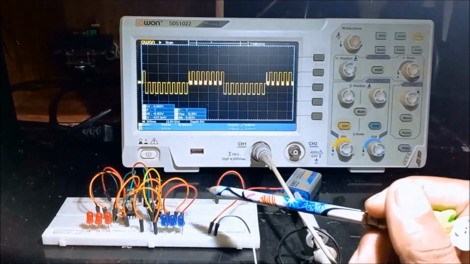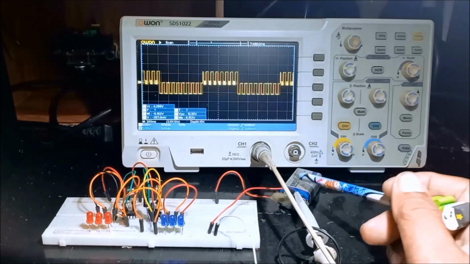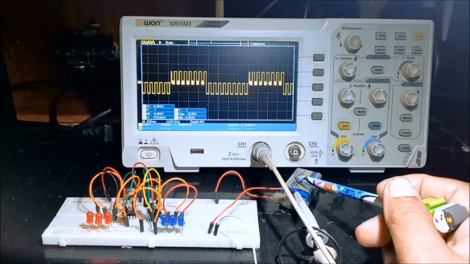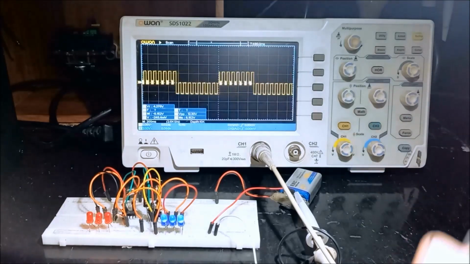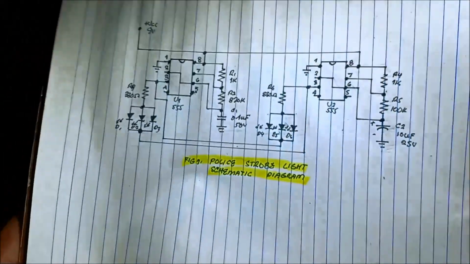Now we have our module, with a 9 volt battery supply, and our oscilloscope is connected.